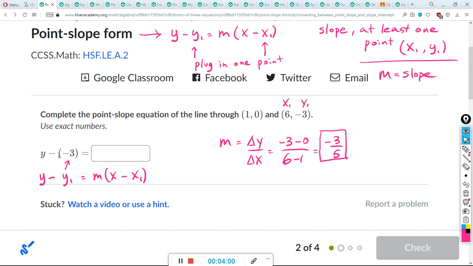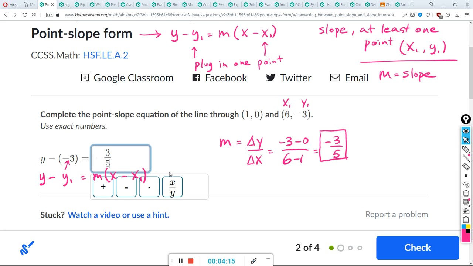So now we can finish the equation here. They started it off, and it's going to equal m, which we said was -3 over 5. So that's going to be -3, hit the fraction button, over 5. Click out front, because you don't want to type in the denominator, so you have to click in the box again so it's out front, and then do the parentheses.